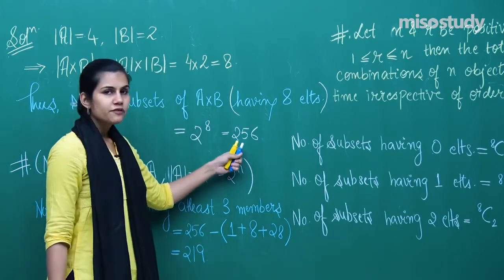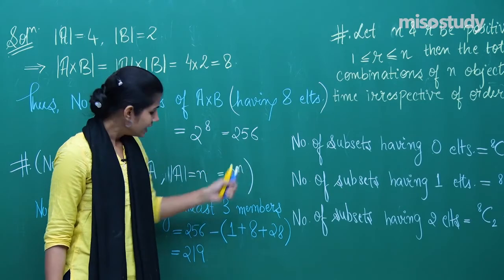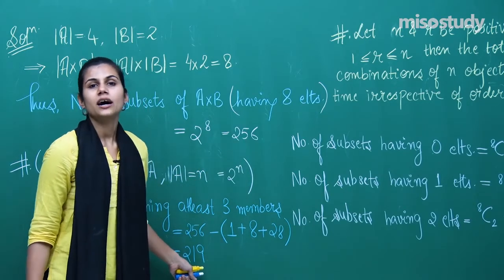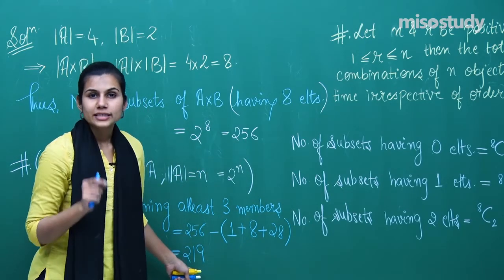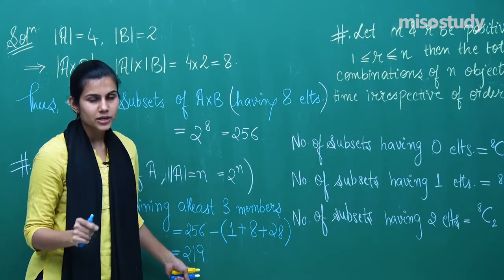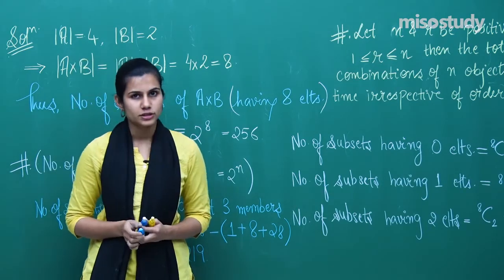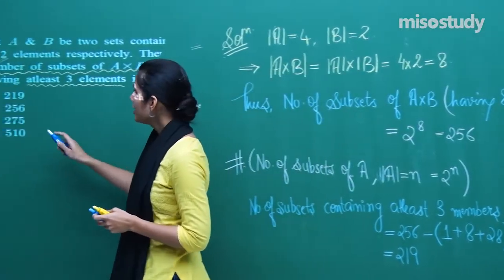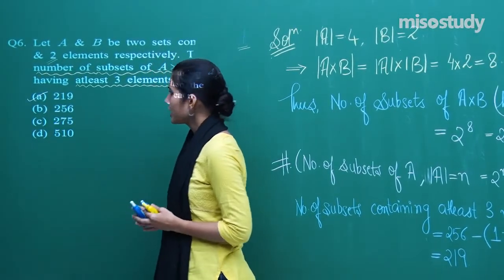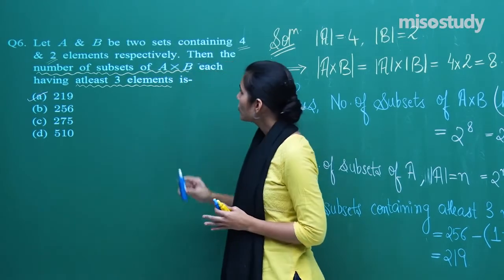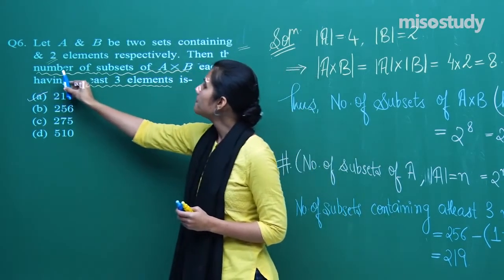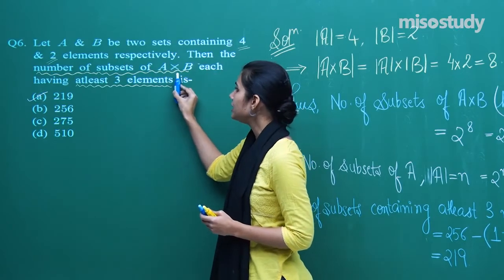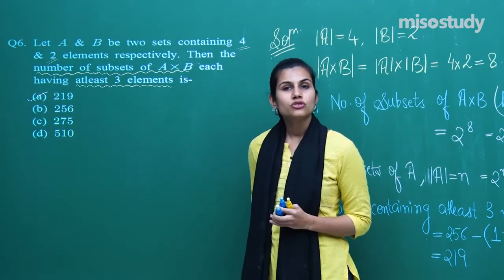Out of 256 subsets of A cross B, 219 subsets are those which contain at least 3 members out of the 8 members in A cross B, and that is why option A happens to be my correct answer. Because the question was to find the number of subsets of A cross B which have at least 3 elements.